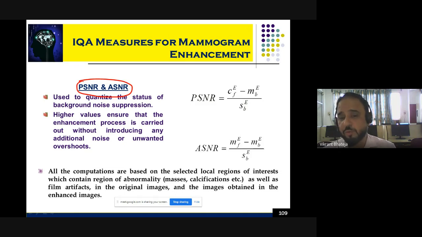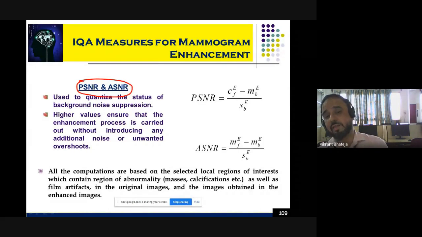But we have to check that the improvement is coupled with an improvement of signal to noise ratio. If the contrast improvement is also improving the signal to noise ratio of that image, then that means the noise is not being enhanced during that process.